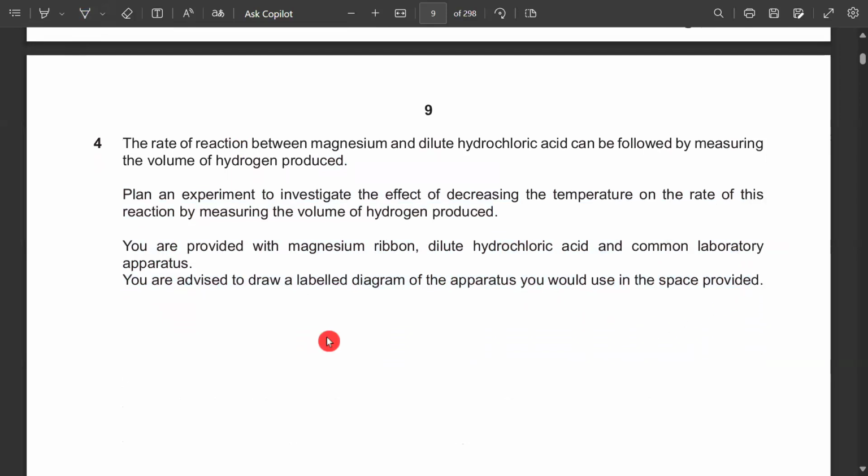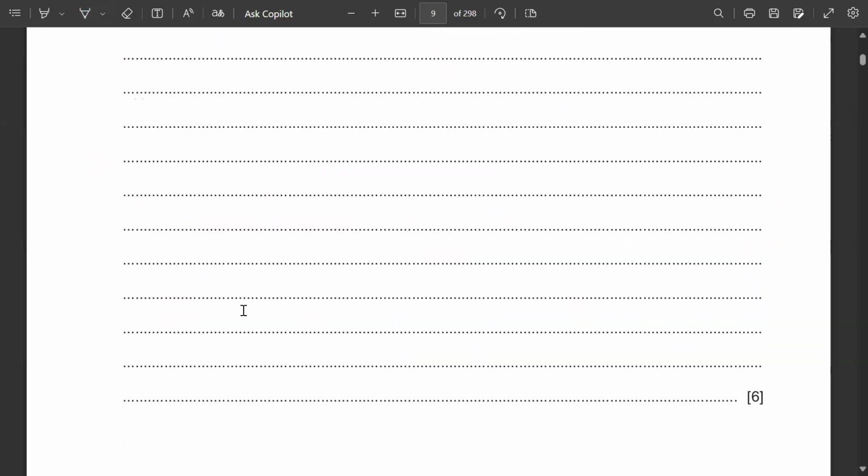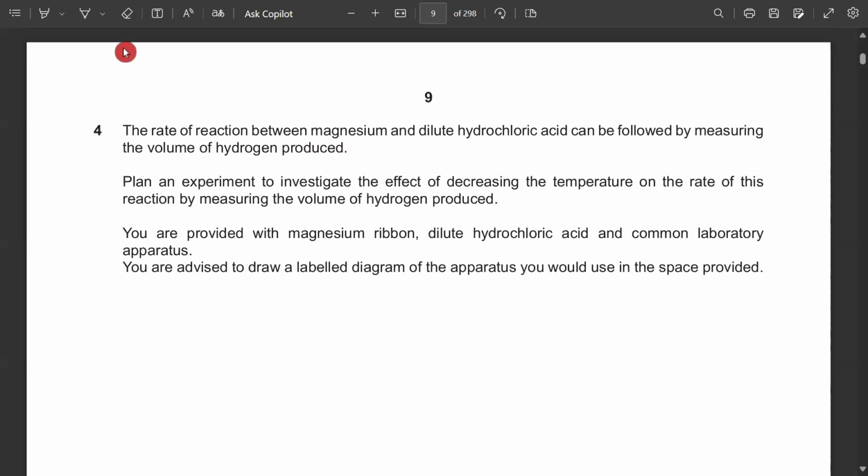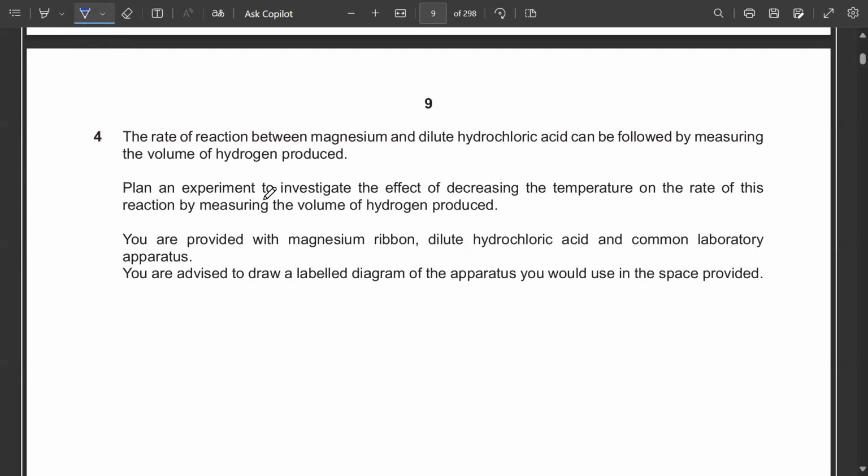Okay, so here we are supposed to give an elaborated answer of 6 marks, and we are supposed to indicate how the reaction was carried out, because we are supposed to find the rate of the reaction, which means we must have some sort of timer over here, which means we can use a stopwatch. And the available chemicals include magnesium ribbon, HCl.